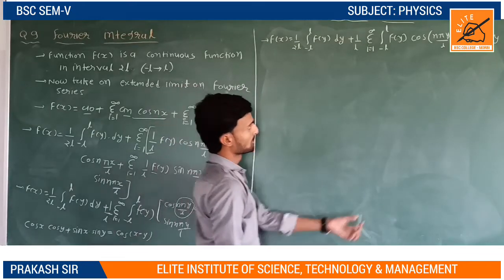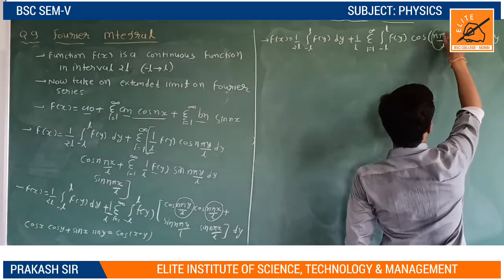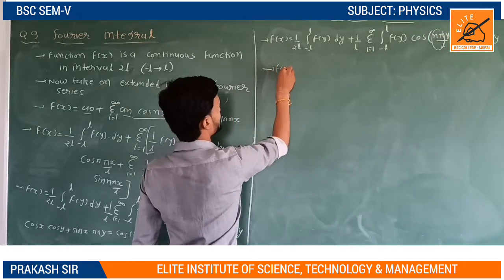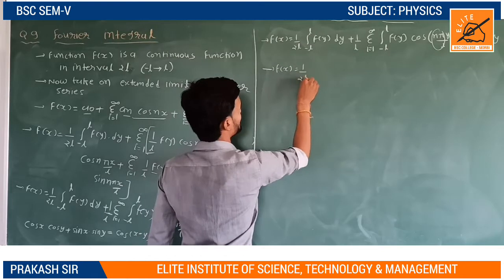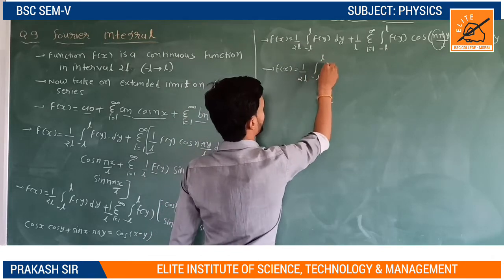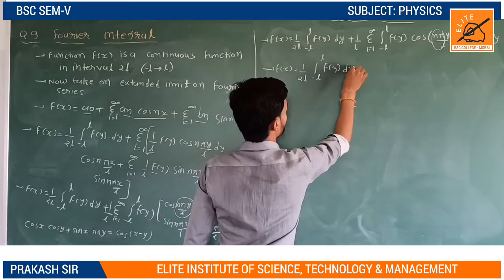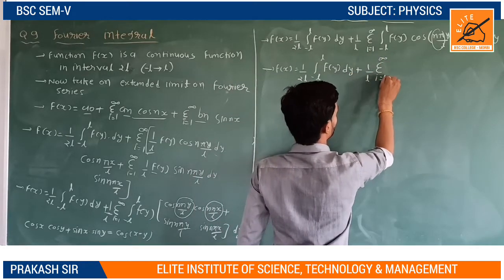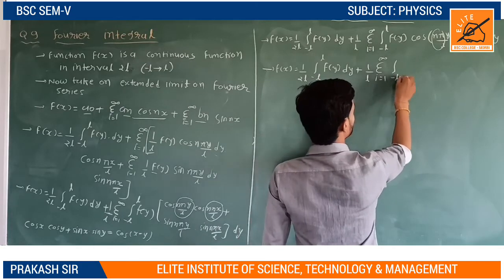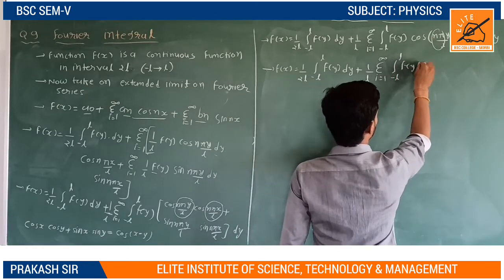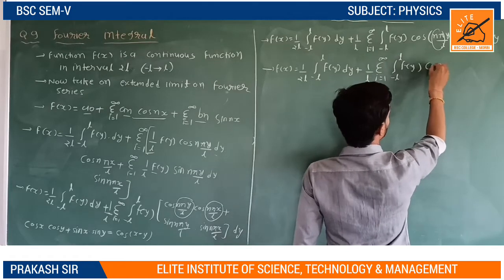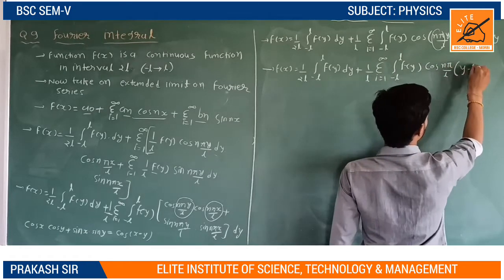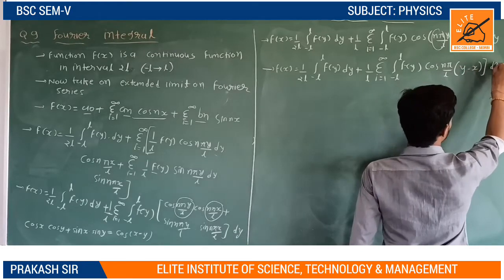Now taking the common terms, n pi upon L, f of x is equal to 1 upon 2L integral minus L to L f of y into dy plus 1 upon L summation of 1 to infinity integration minus L to L f of y into cos of n pi upon L times y minus x, dy.